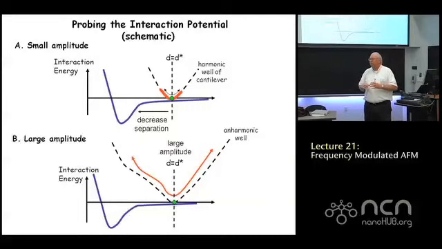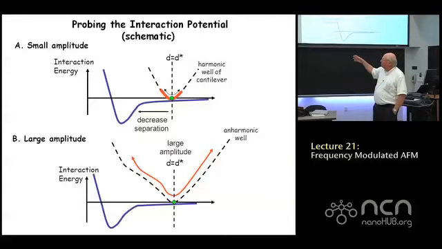You can imagine cranking up the amplitude of the cantilever so that the cantilever now oscillates and feels the full richness of that potential well. And of course, the potential well is going to be modified by the shape of the interaction energy between the tip and the substrate. And I've tried to schematically indicate that in the bottom half of this slide.